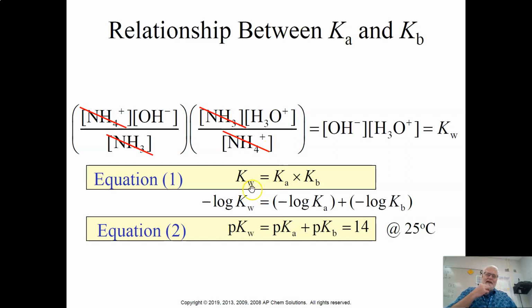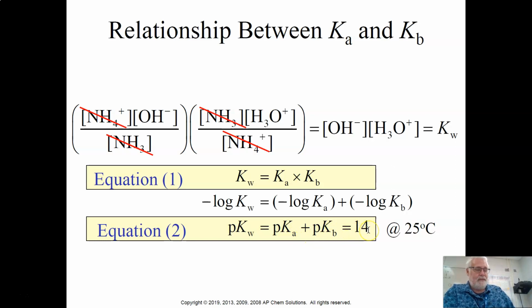That allows us to make a comparison between Kw, which you guys know, you just take Ka times Kb gives you Kw, and do a little bit of algebraic manipulation here, and just do the negative log on everything, and you end up with pKw equals pKa plus pKb.